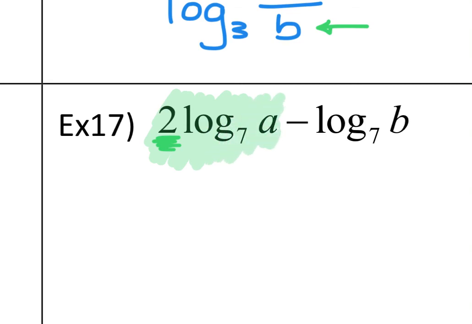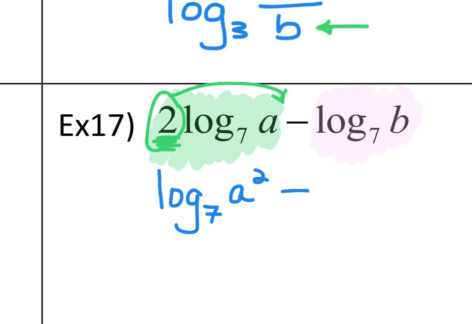Remember, mathematical terms are separated by a plus or a minus sign. And so this expression has two terms, but one of the terms has a coefficient. And so you need to take that coefficient and rewrite it as an exponent. And so this is really going to be log base 7 of a squared minus log base 7 of b.